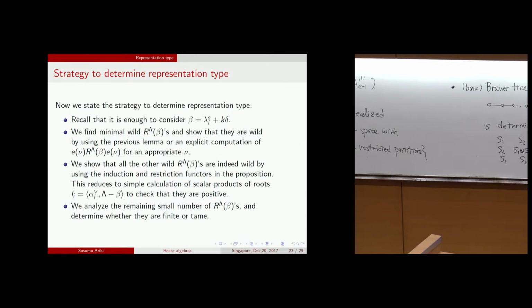And this reduces to a simple calculation of scalar product of roots, to check that they are positive. If they are positive, they satisfy the proposition by Erdmann and Nakano. So we can show that the upper side of the border are all wild. And then we analyze the remaining small number of lambda betas and determine whether they are finite or tame.